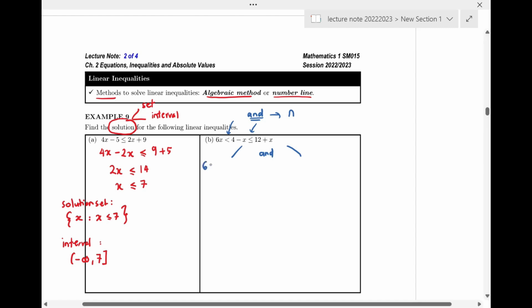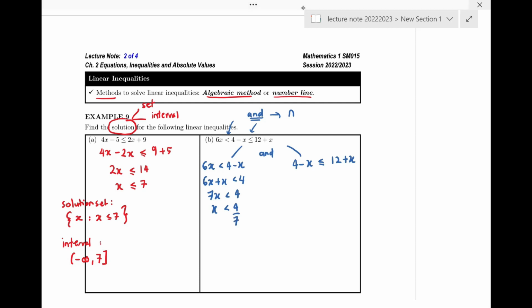We separate them into 6x less than 4 minus x, and another one, 4 minus x less than or equal to 12 plus x. We first solve the left one. So 6x plus x less than 4, 7x less than 4, so x is less than 4 over 7.